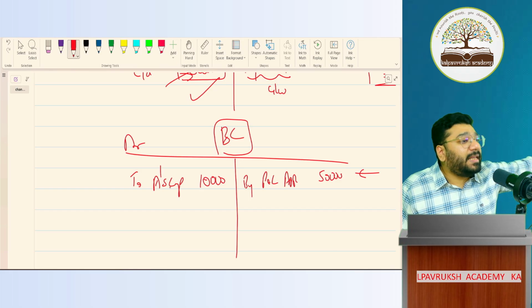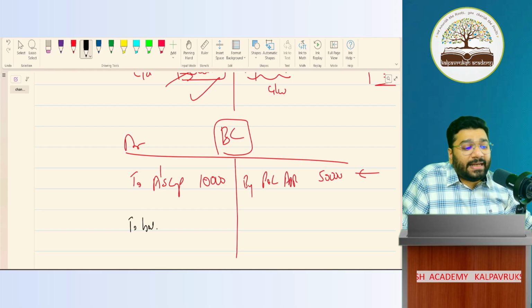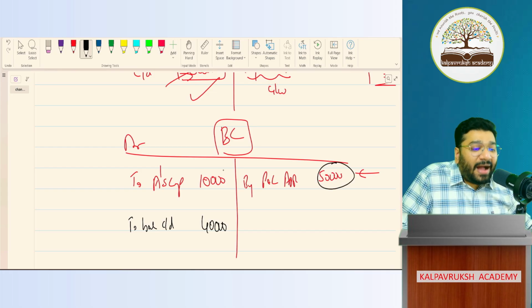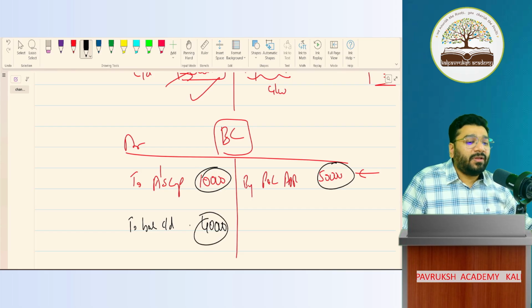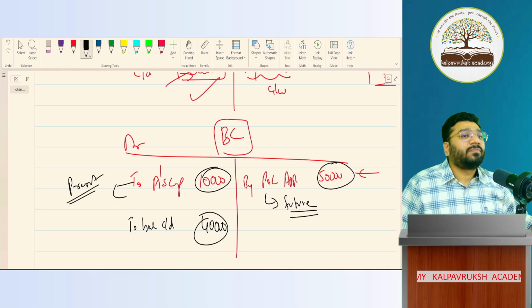Now, can you please balance the ledger and tell me the carry down balance? What is the carry down balance? 40,000. Got it? Not got it? So 50,000 minus 10,000 is 40,000. So this entry you pass when? In future. This entry you pass when? Now, in present.